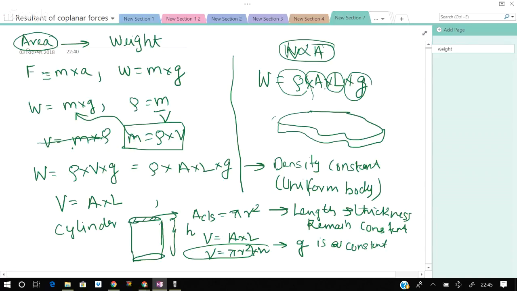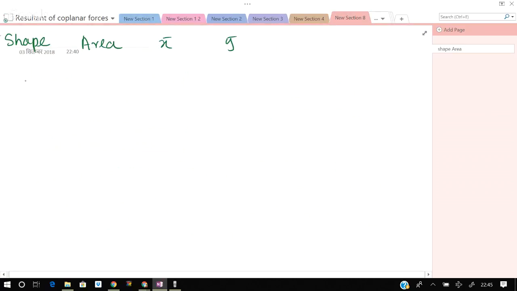So over here, we'll go to the next section, which we were talking about: the shape, area, and centroid. The first shape we'll take will be symmetrical about the x-axis as well as the y-axis. So this is the x-axis, this is the y-axis. This will be the breadth of the rectangle.